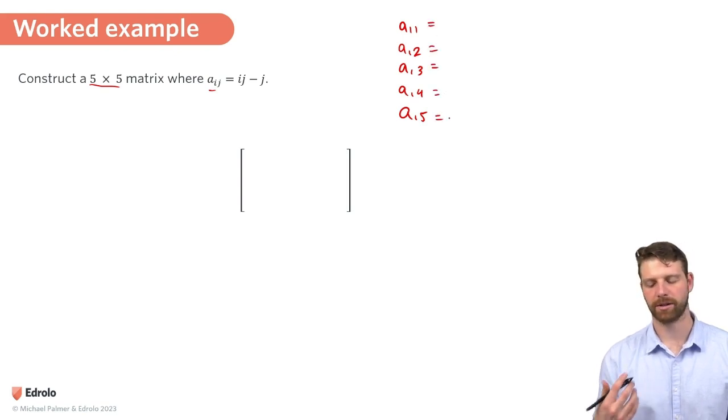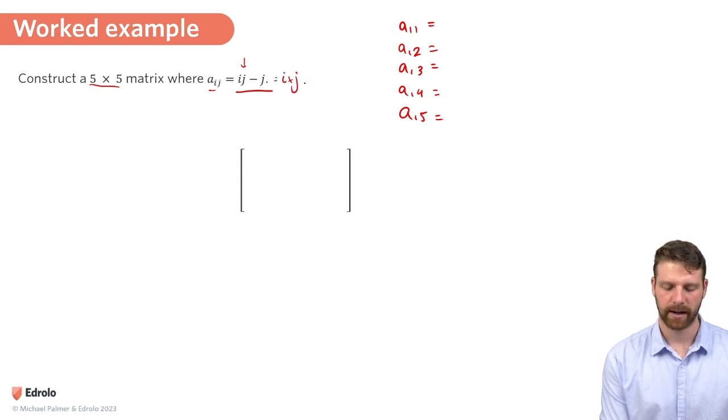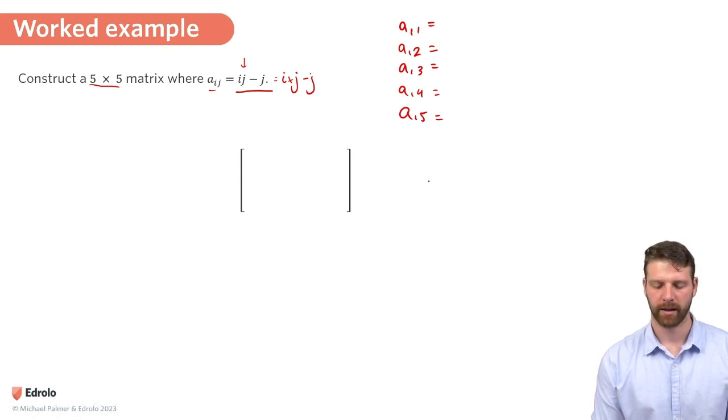I'm going to substitute those values for i and j in this formula. Notice that I have to put j in twice. So I've got ij, well that means i times j, and then I'm supposed to subtract j. So let's do that. I've got 1, 1. So i is 1 and j is 1.